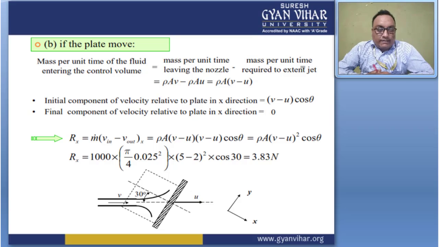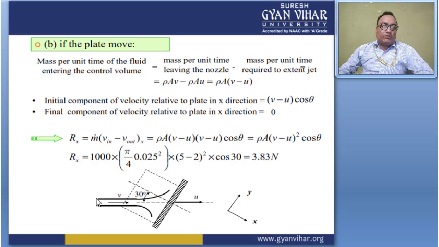In this case, Rx is equal to m dot (V in minus V out) in the x direction. This is equal to rho A (v minus u) times (v minus u) cos theta, where theta is 30 degrees for this case. So rho A (v minus u) and (v minus u) gives (v minus u) whole squared times cos theta.